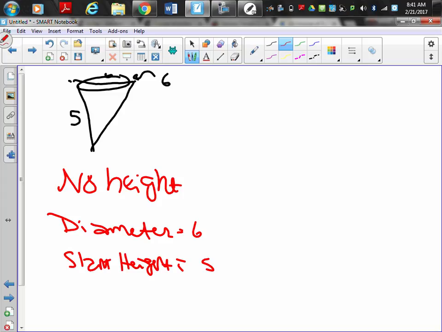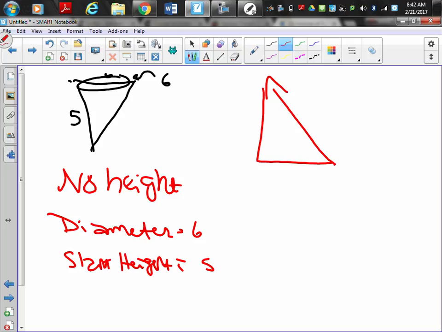All right. So, how can I find the volume with this information? The Pythagorean theorem. Very good, Miss Young. All right, so what do I know?